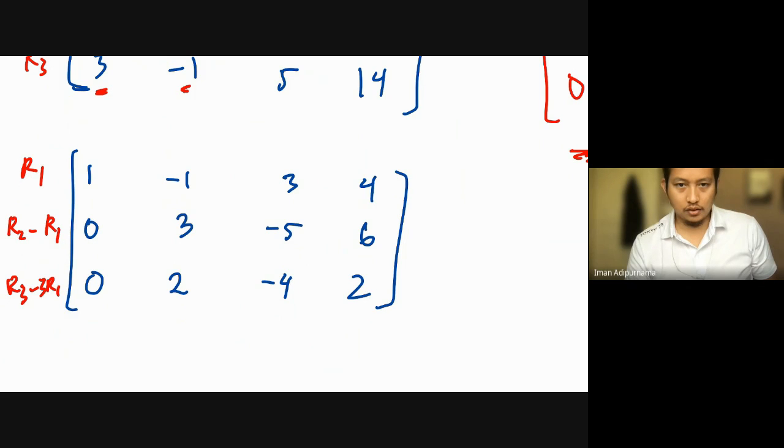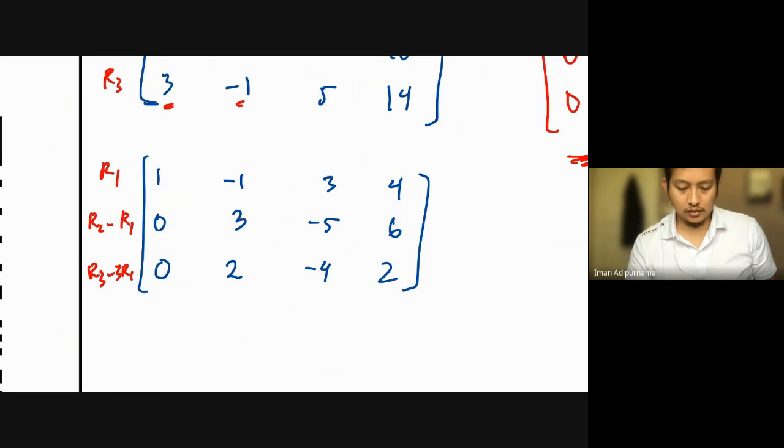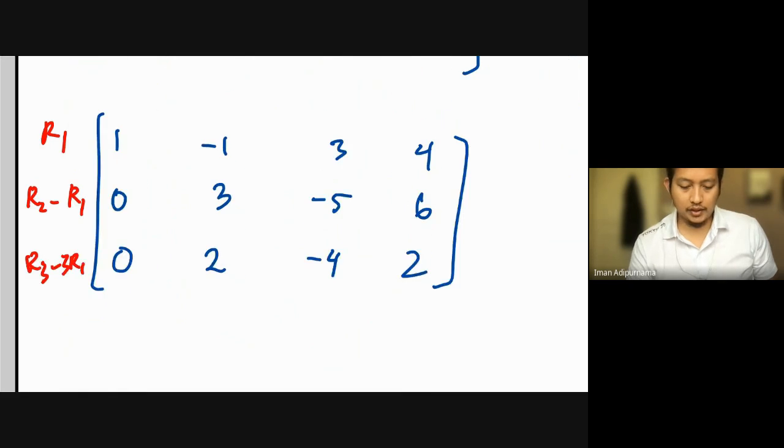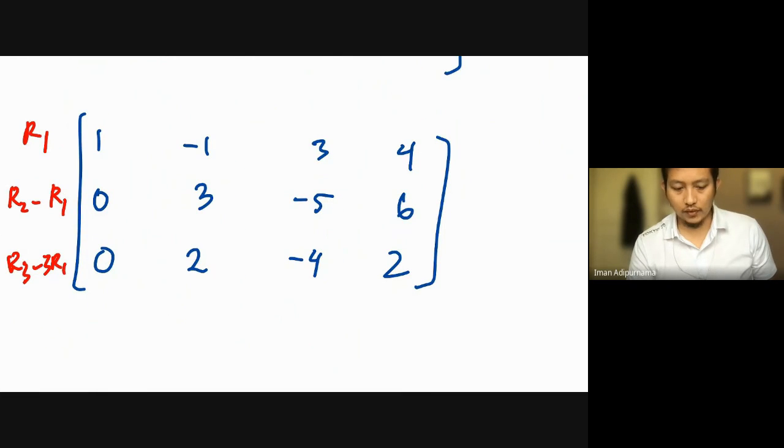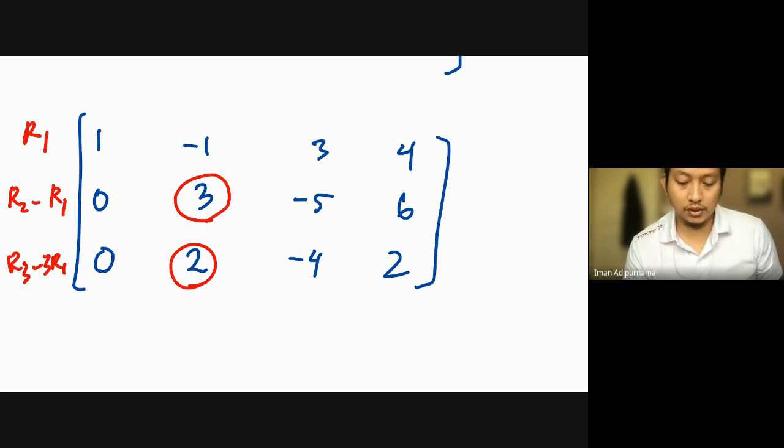And then what else can we do? We need to make this one 0, right? The only way to do that is to add or subtract with this, and maybe multiply with some number.